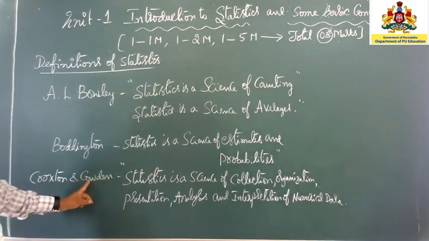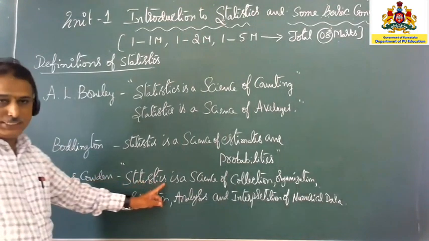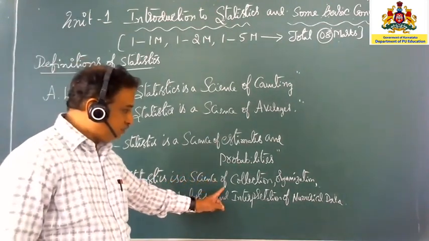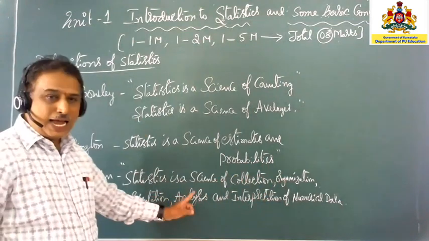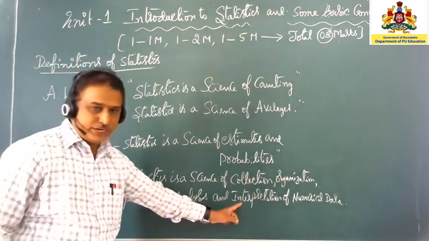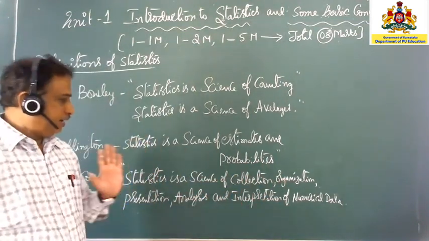According to Croxton and Cowden, statistics is a science of collection, organization, presentation, analysis, and interpretation of numerical data.